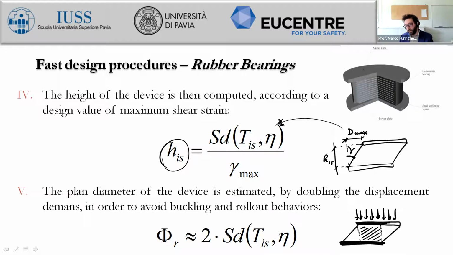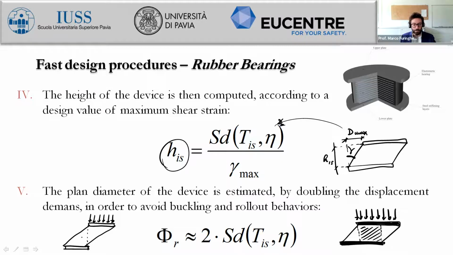Also, consider another situation where we have the diameter of the device exactly equal to the displacement. We would get a situation like this. You see that here we still have the application of vertical loads. We also have the application of shear because it is displaced, but here you don't have any overlapped area.